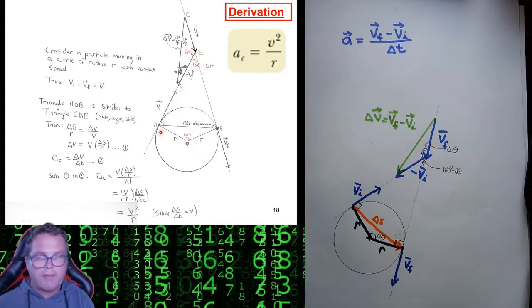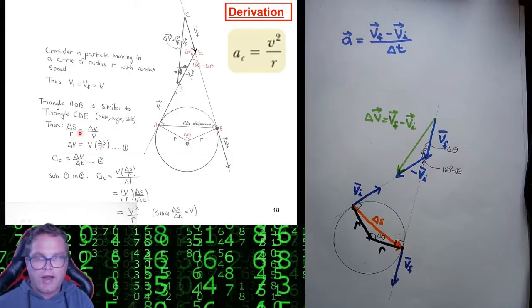So as we mentioned, this has side R and delta theta. This one is similar in the fact that it has side V. It also has an angle delta theta, and then it also has another side V. So these two triangles are similar.